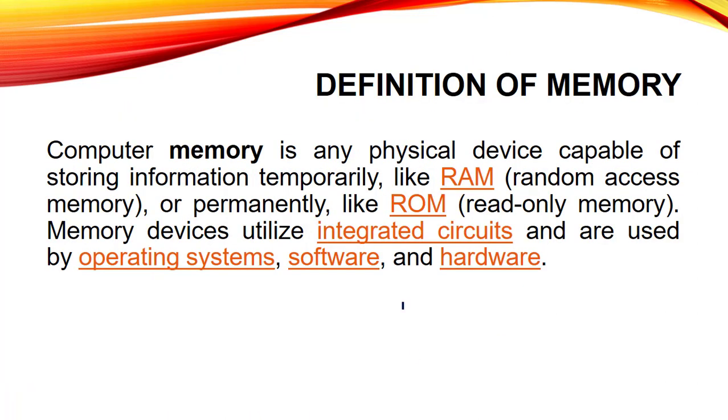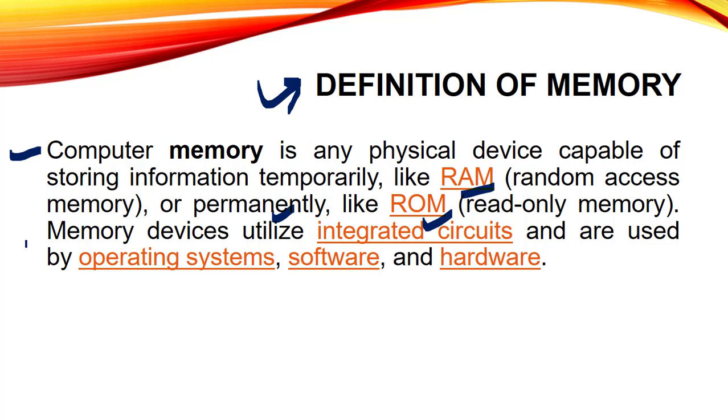Now we have to discuss this term memory in detail. Computer memory is any physical device capable of storing information temporarily, like RAM, that is random access memory, or permanently, like ROM. It means the computer's memory is a physical component of a computer which can store data either temporarily or permanently.